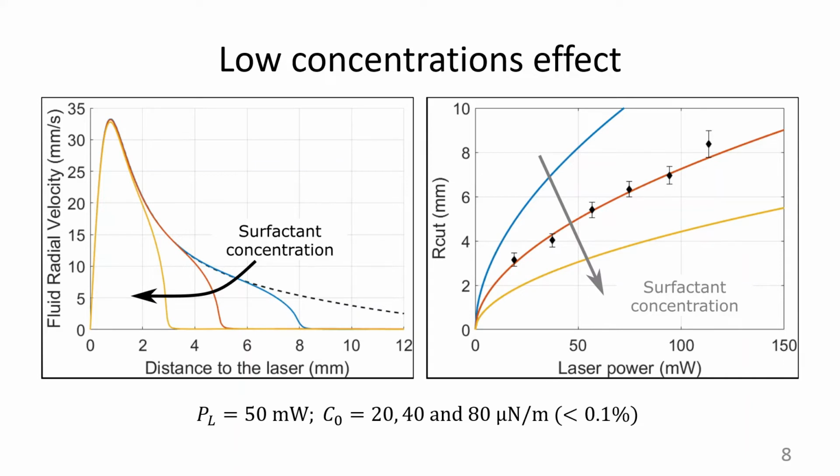This is less than 0.1% change in surface tension. So these are really low concentrations of surfactants and can be due to uncontrolled pollution of the interface, and not due to an added surfactant.